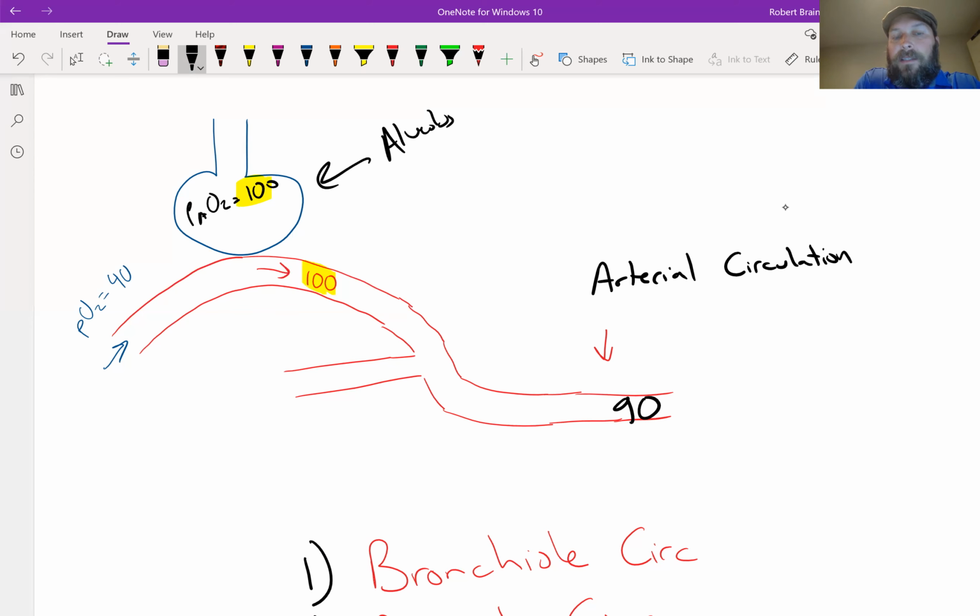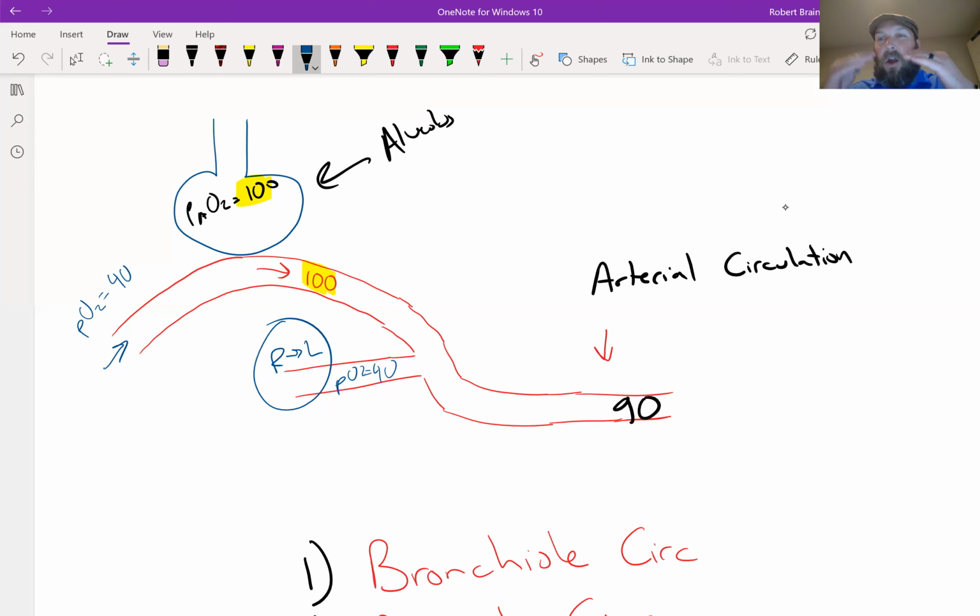Okay, and so let's look at a right to left shunt. It's venous blood mixing in. So say this right here, I'm going to call this a right to left shunt. That venous blood, what does it have? Well, it has a PO2 equals 40. So now you've got venous blood with a PO2 of 40 mixing into freshly oxygenated blood that has a PO2 of around 100.